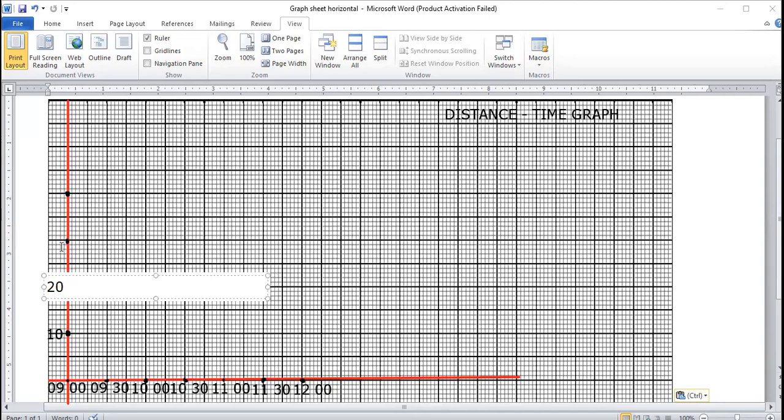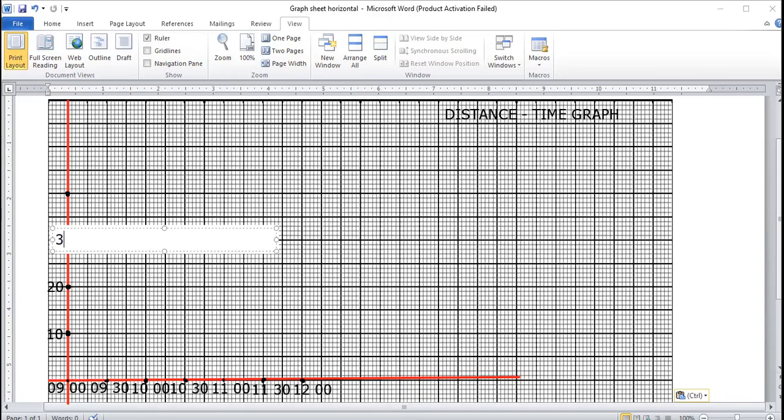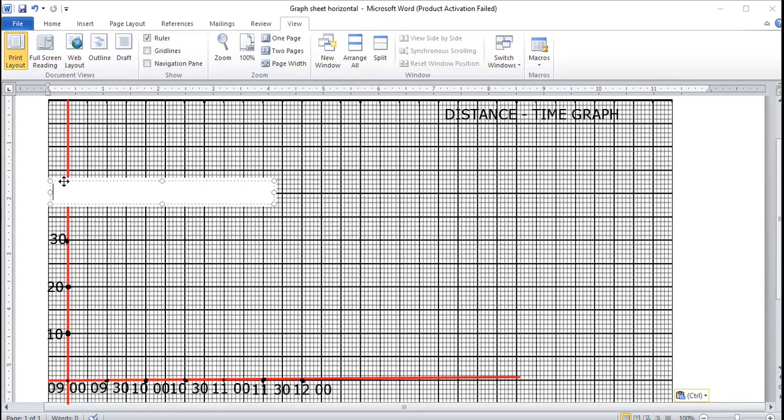This is going to be 20. Next one over here will be my 30. And last one will be 40, where I have to reach. Okay, so I am going to draw another line over here, so I will be very clear about where I have to reach.